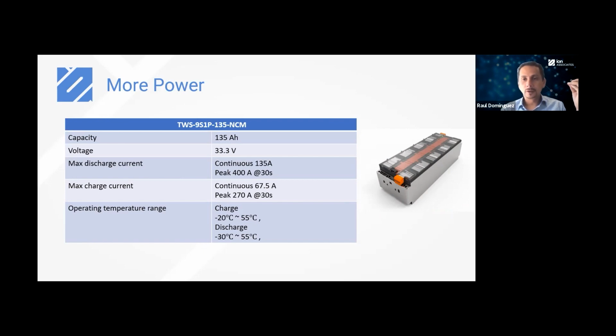So this is the kind of batteries we use, for example, for the electrical excavators that would need this kind of peaks and high amperage. So we can help you. We have capabilities to do the design of the batteries, to do the external cases, to include the battery management modules, the BMS. Depending on your need, we will help you and we can do a design for you with TWS.